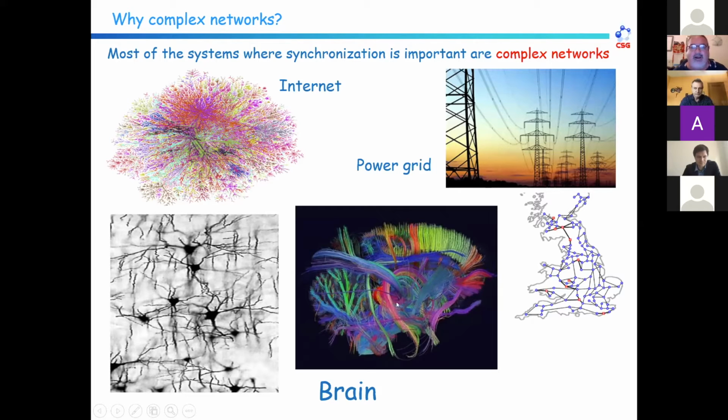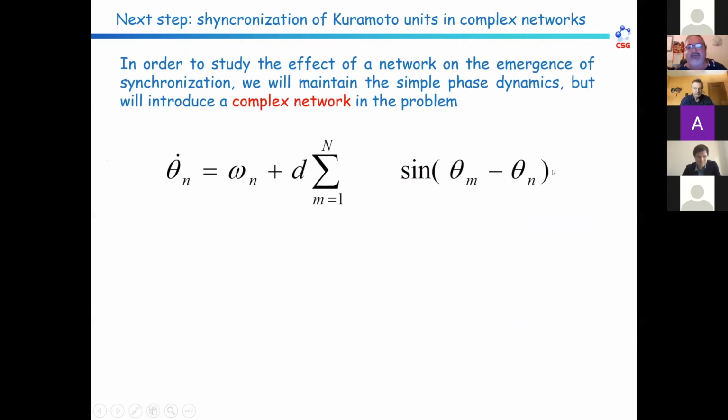And therefore, what you have to do is take the classical Kuramoto model and just plug in here the adjacency matrix of the network. So now this matrix is a matrix of zeros and ones, and all elements equal to 1 denote the presence of a link between the node n and the node m.